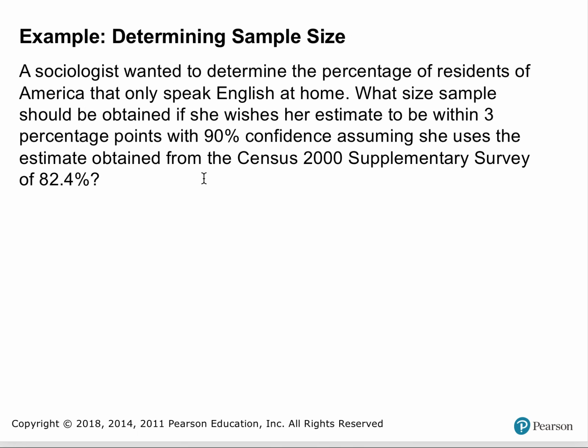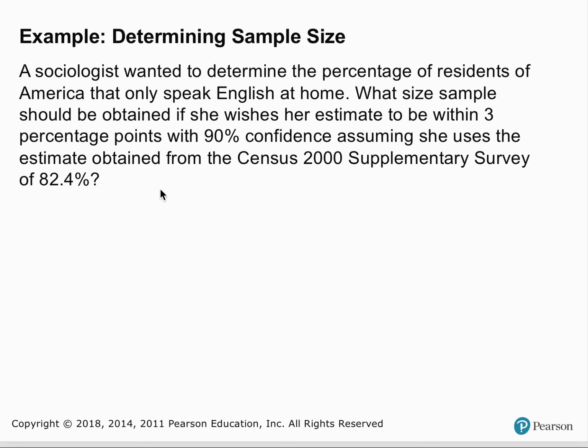A sociologist wants to determine the percentage of residents of America that only speak English at home. What sample size should be obtained if she wishes her estimate to be within 3 percentage points with 90% confidence, assuming she uses an estimate that was obtained from the Census 2000 supplementary survey of 82.4%?